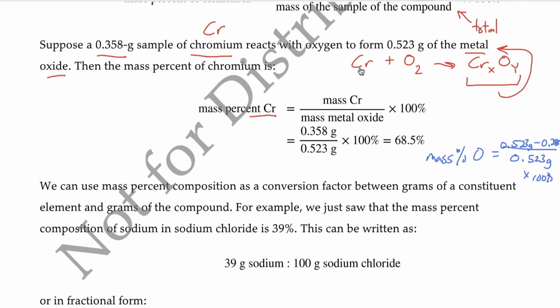So when it's raw data from the lab, this would be the experimental value. Now, if I want to do the theoretical value for this example, well, one thing I need to know is the molecular formula, which in this case, I do know. It's actually chromium 3 oxide.